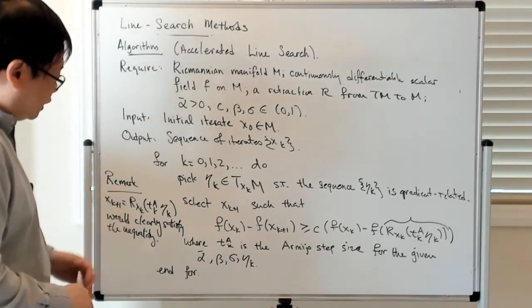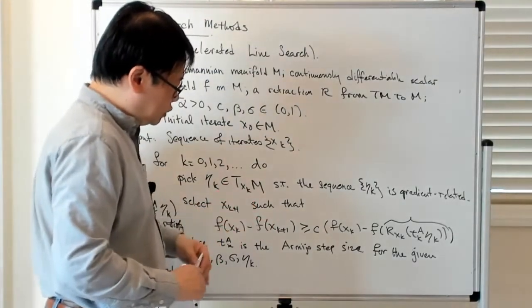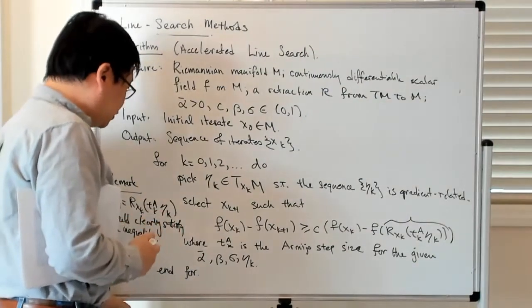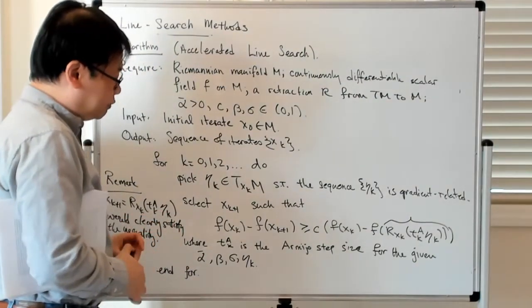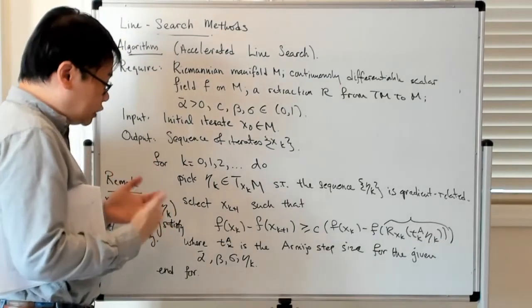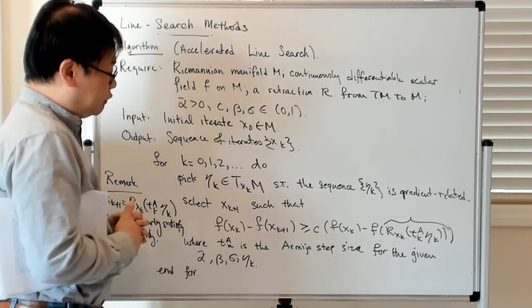But again, the point in this discussion is to be as flexible as possible and allow you to look at algorithms which are as large a class as possible, while still having a global convergence result.